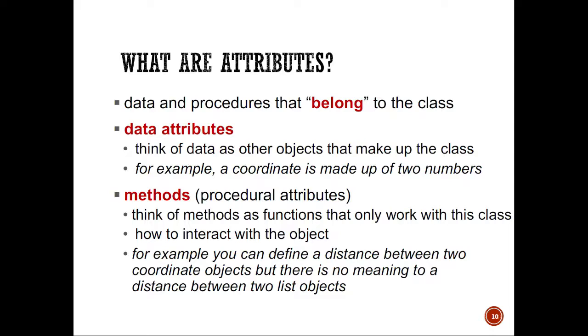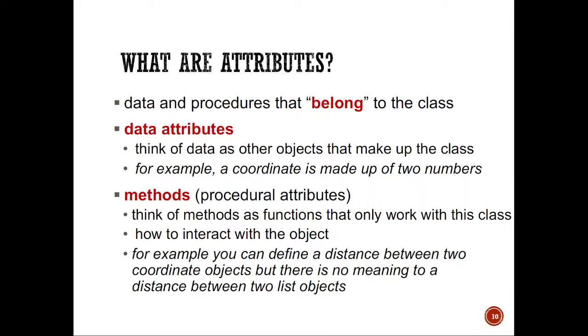So what are attributes? Attributes are basically information or data and procedures that belong to the class. Data attributes are basically the characteristics of the object. For example, a coordinate is made up of two numbers, the x value and the y value.